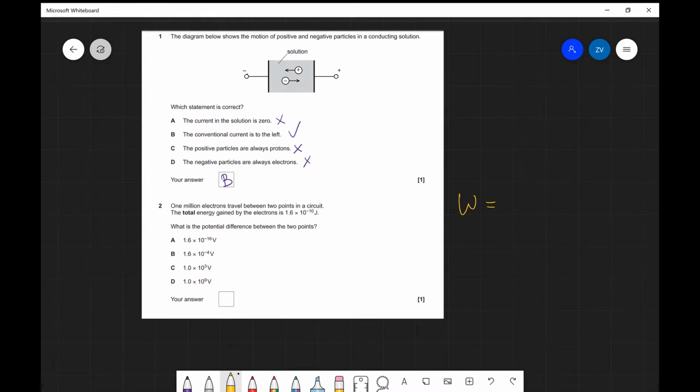Because the total energy is 1.6 times 10 to the power of minus 10, however, there's 1,000,000 electrons. So in order to find the energy per electron, let's call it W, we're going to need to divide that by 10 to the power of 6. A useful rule of thumb to remember is that a million is actually equal to 10 to the 6. So if somebody is a millionaire, well, they really are 10 to the 6 air.